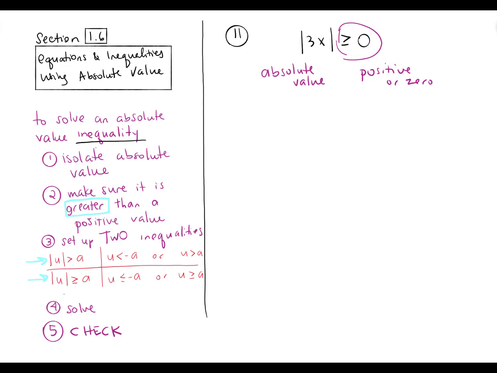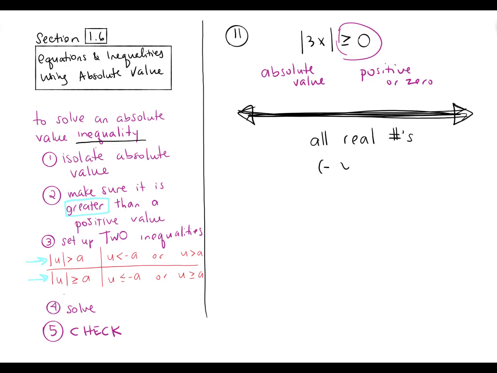And so when we're thinking about the number line, any number you plug in is going to work. And we just say all real numbers are solutions. In interval notation, that would be from negative infinity to positive infinity. We have all those numbers as our solutions.